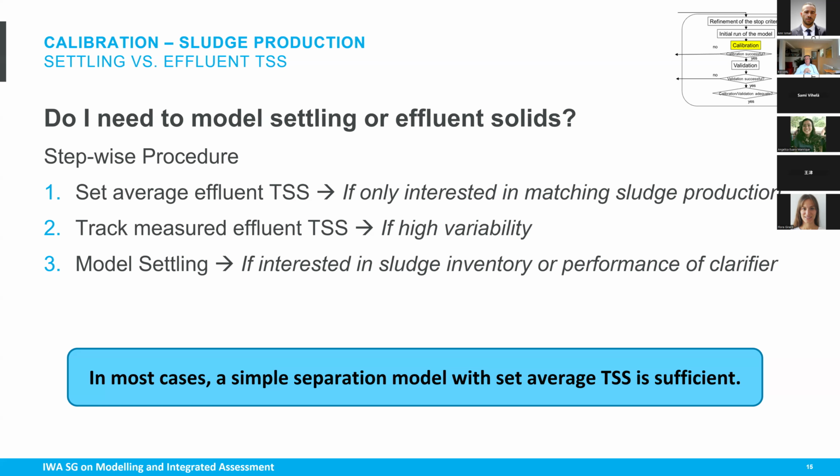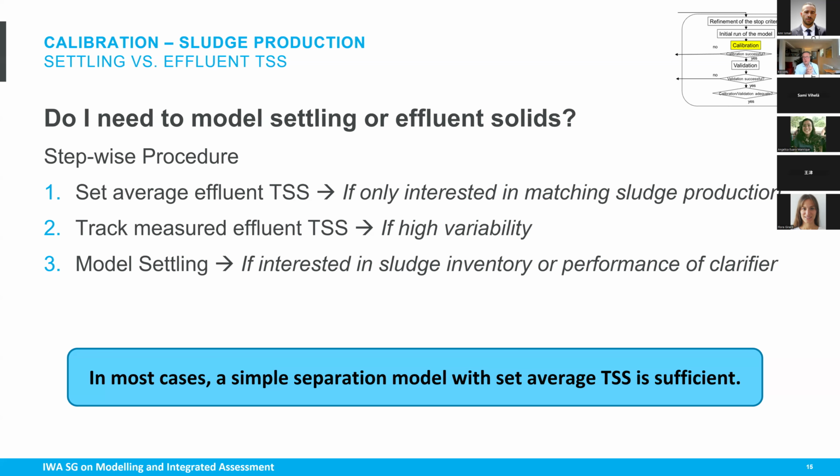If you are only interested in matching sludge production, then in most cases, it's sufficient to just set an average effluent TSS. Yeah, so that's all you need to do. And typically that's good enough.